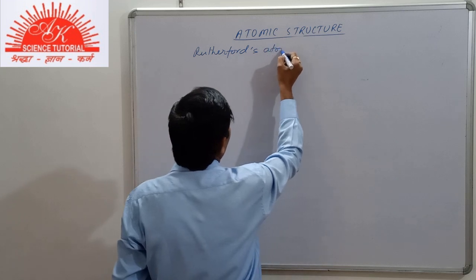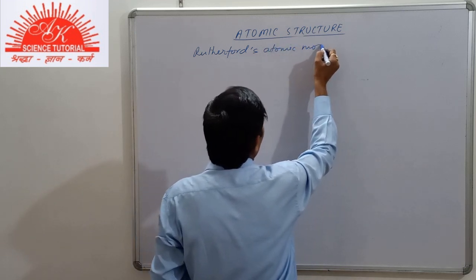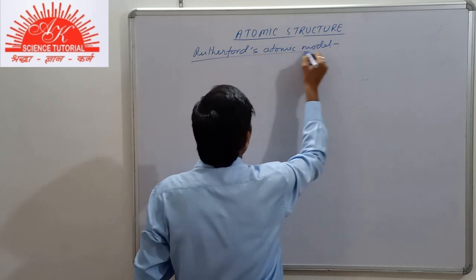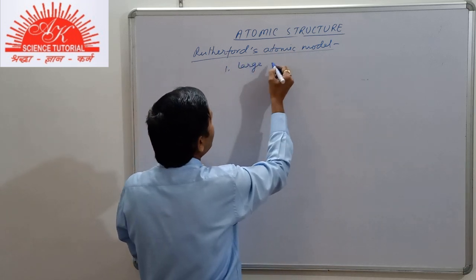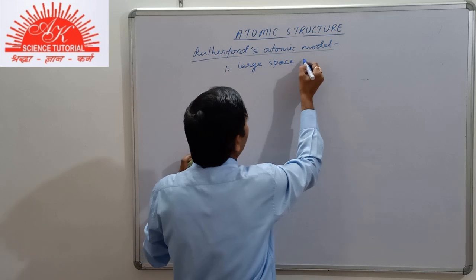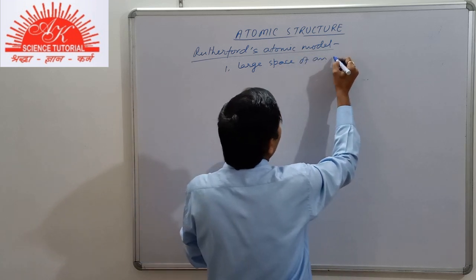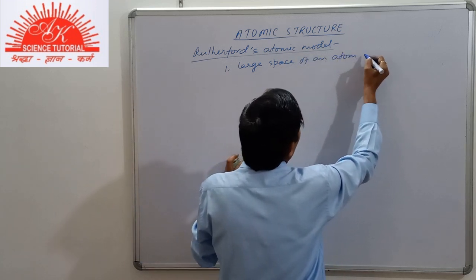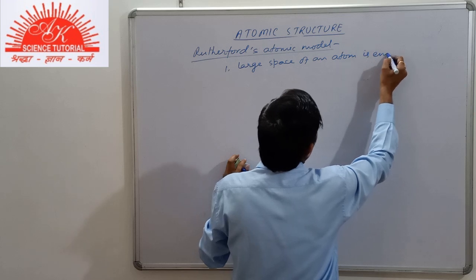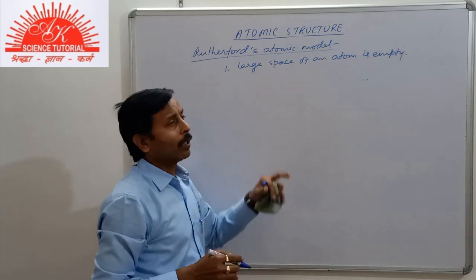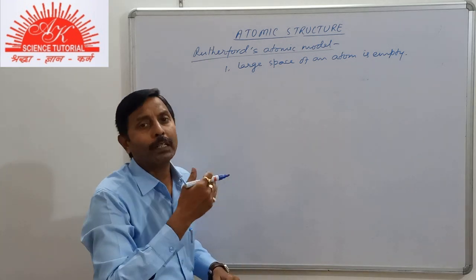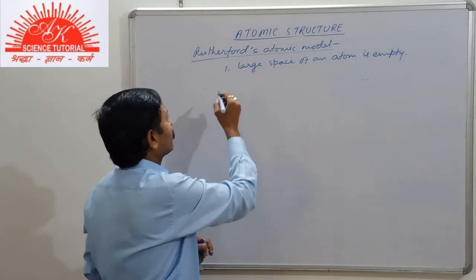Rutherford's atomic model. First point, a large space of an atom is empty, and this point was taken because most of the alpha particles passed undeviated.